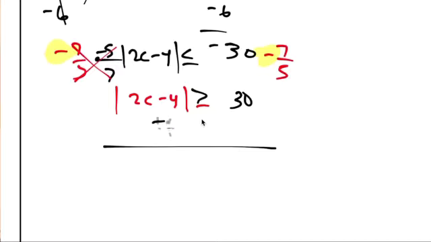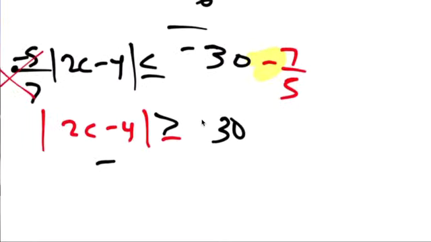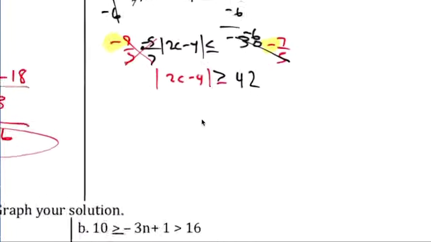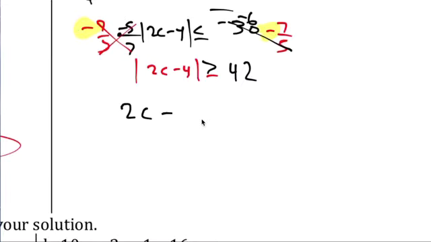What am I doing? Okay, cross cancel there. You get negative 6 times negative 7 is positive 42. Now split it into 2. 2c minus 4.